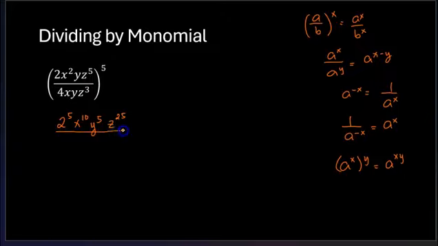Then for the denominator, since 4 is expressible as base 2, I would like to write this as 2 squared. So that would be 2 raised to 10, and then x raised to 5. We're just raising this expression to 5. Y raised to 5, and z raised to 15.